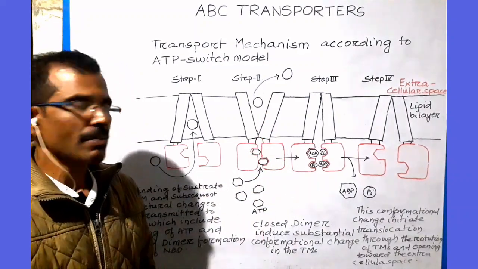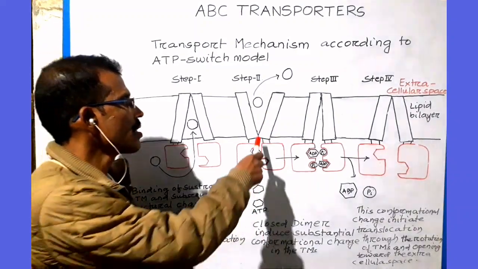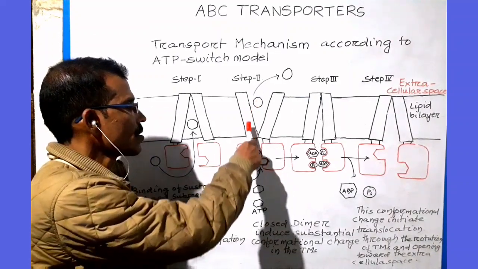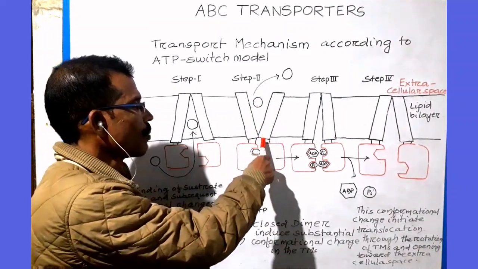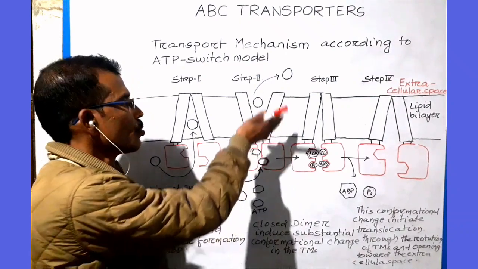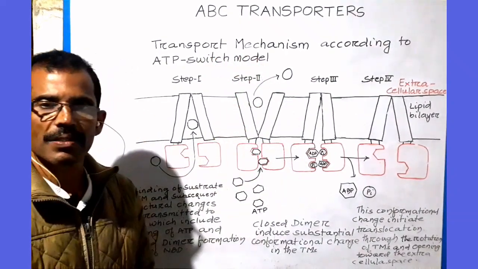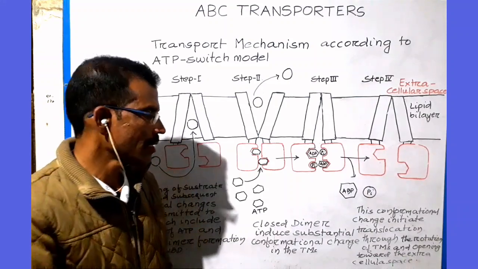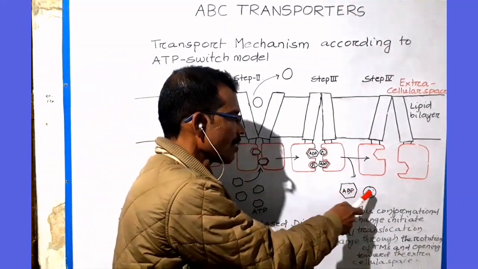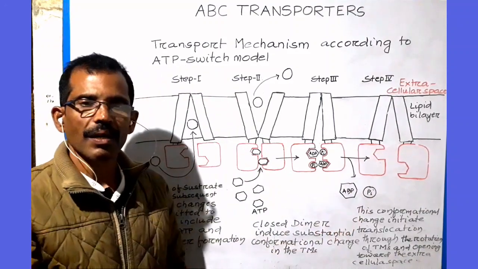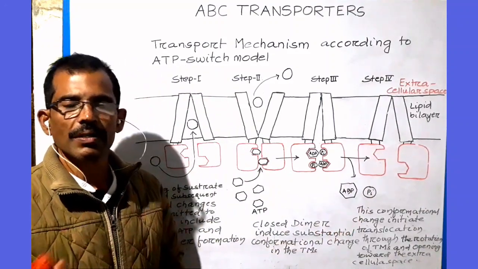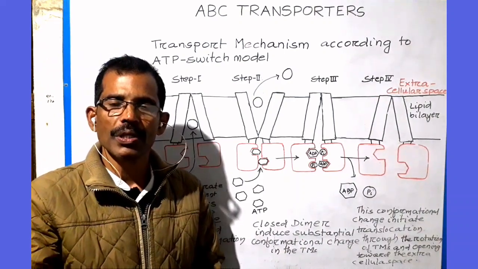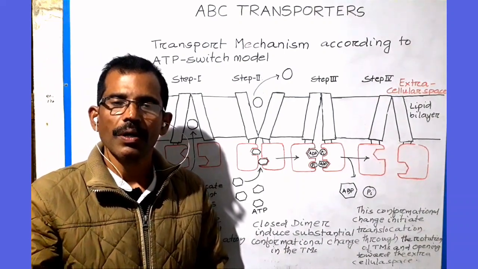This conformational change initiates the translocation of the substrate through rotation of the transmembrane domain and opening towards the extracellular space. Finally, ATP is hydrolyzed and ADP and inorganic phosphate are released and the closed dimer is converted back into the open dimer to initiate a new round of transport cycle.